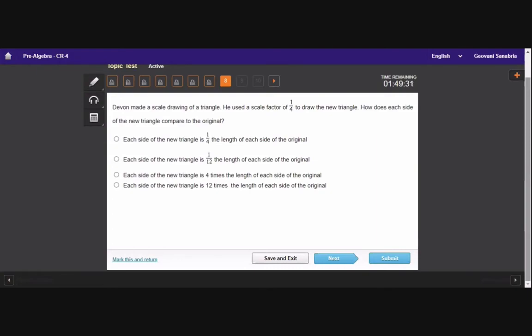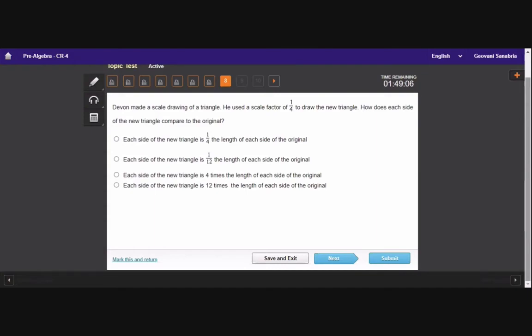It's A as well. The thing that jumps out to me is they tell you he used a scale factor of 1/4, and that's smaller than 1. So anytime you go from the original to the scale, and the scale factor is smaller than 1, it means the thing shrank.